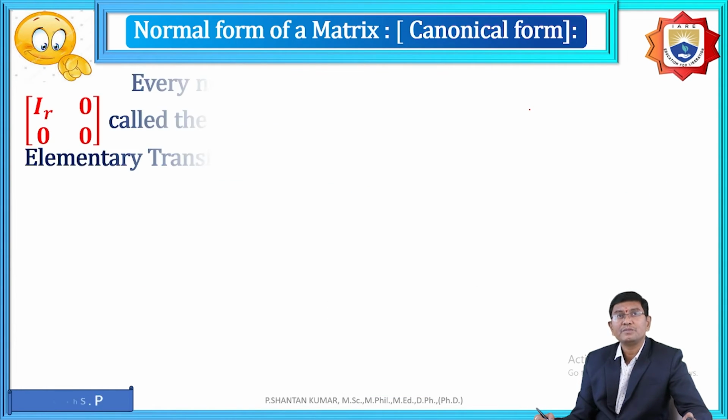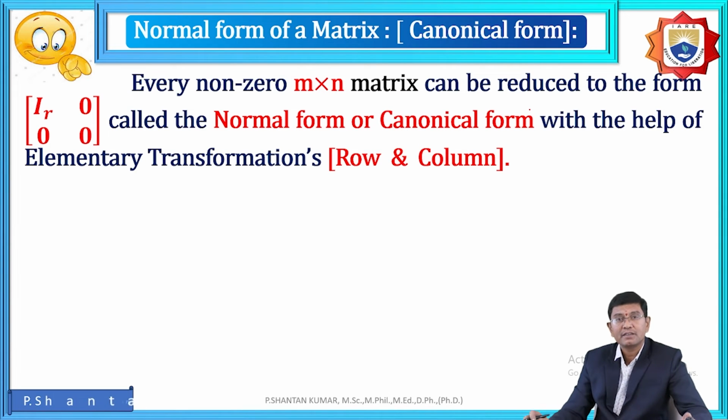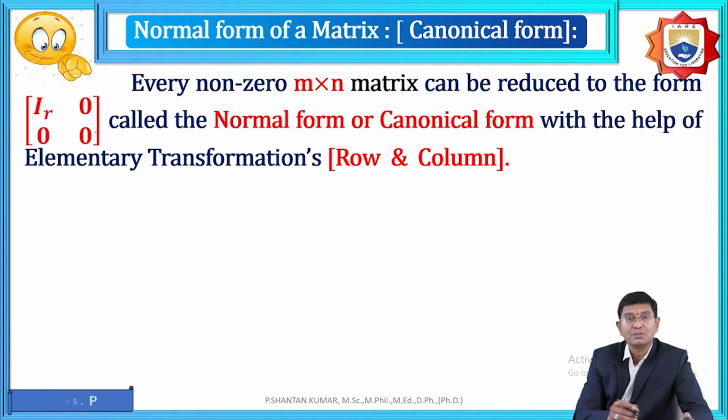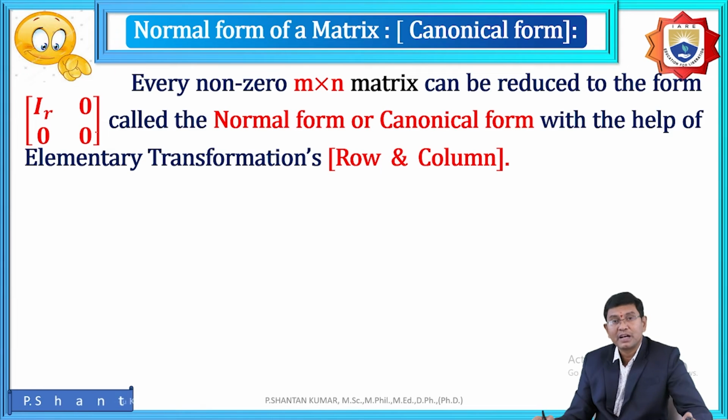For example, any non-zero matrix, either rectangular or square, the order doesn't matter. That is, every non-zero m cross n matrix can be reduced to the form [I_r 0; 0 0], which is called the normal form, and sometimes the canonical form, with the help of elementary transformations on rows and columns.